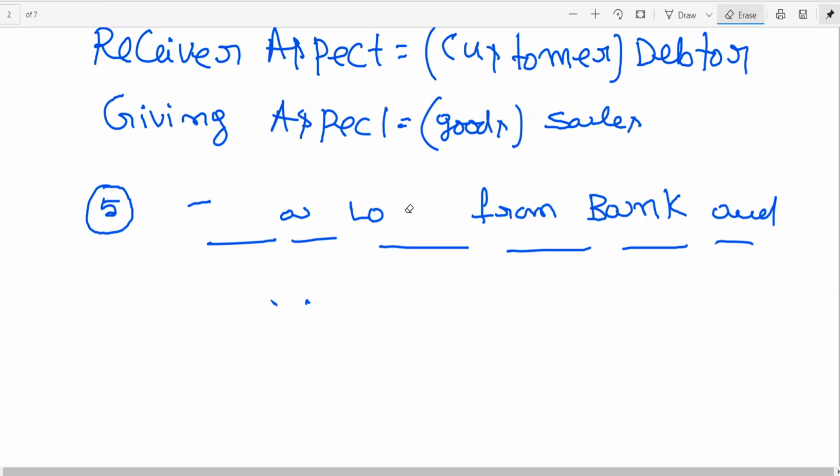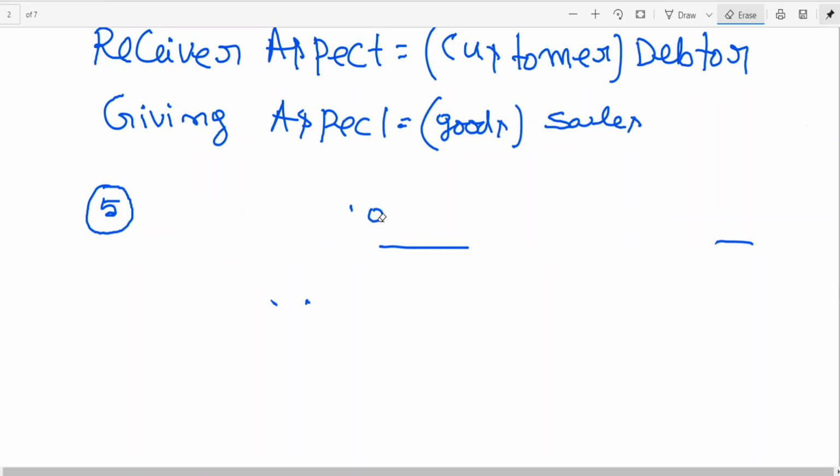Before I give you the bank transaction, let me tell you one new thing. Normally in business we have numerous transactions where the money involved will be huge. Then maintaining cash with you is always risky.